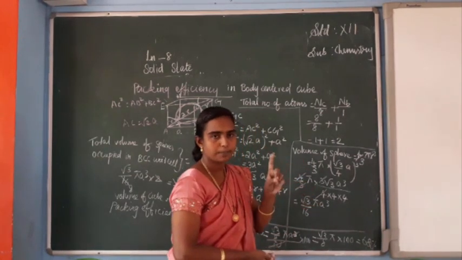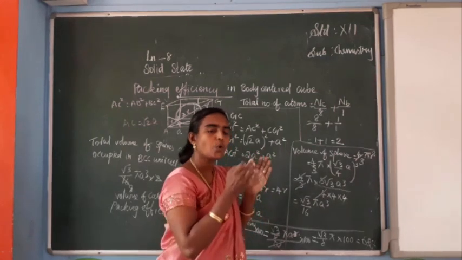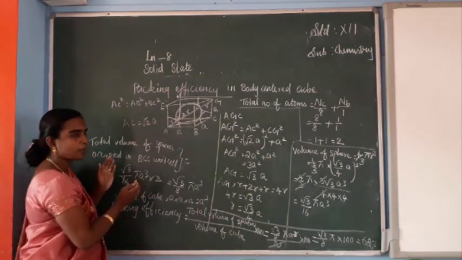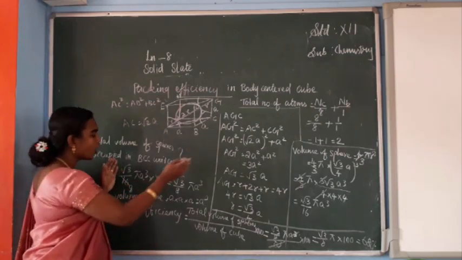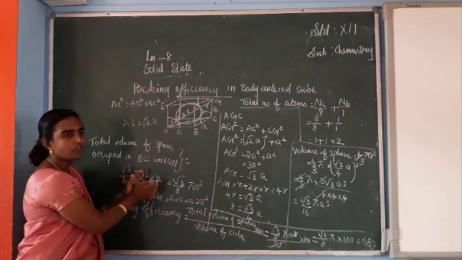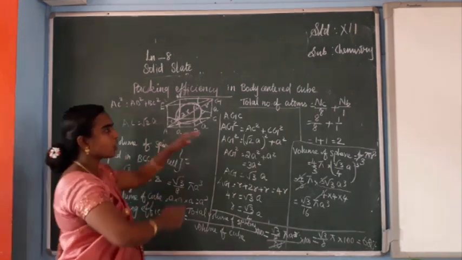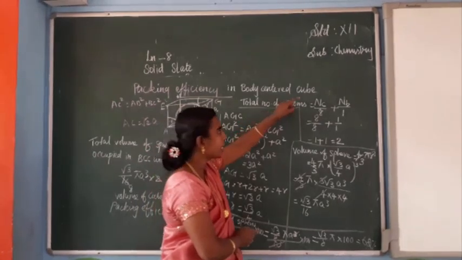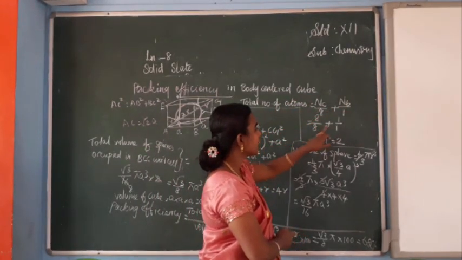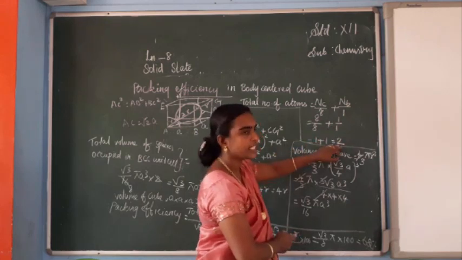So what we have found is the volume of one sphere. For calculating the total volume of spheres in the BCC unit cell, the body-centered unit cell, the volume of one sphere should be multiplied by the total number of atoms. So the total number of atoms in BCC arrangement is NC by 8 plus NB by 1, that is 8 by 8 plus 1 by 1, you are getting 2.